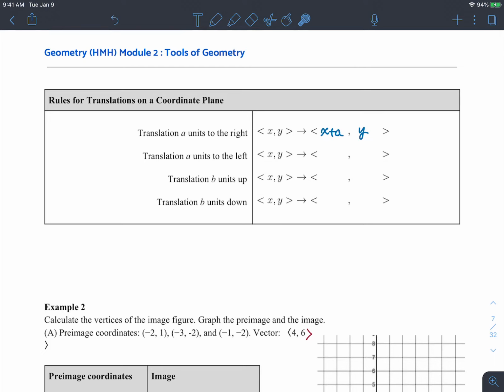Then translation to the left, A would be simply subtracting from the X coordinate. And you guessed it, when you go B units up, we're adding to the Y coordinate. Similarly, when you're going down, you're subtracting from the Y coordinate. All right, guys?